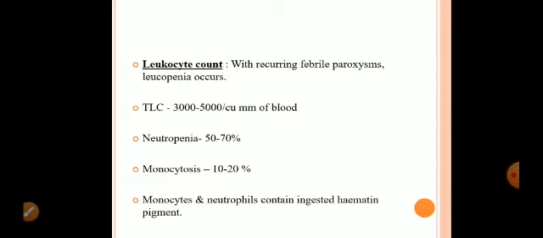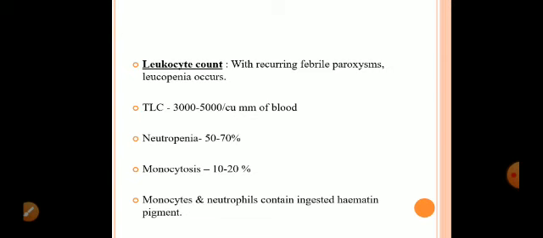Leukocyte count. With a recurring febrile paroxysm, leukopenia may occur. Leukopenia is nothing but reduction in total WBC count, which may be as low as 3000 to 5000 cells. Neutropenia, decrease in neutrophil count to less than 50%.